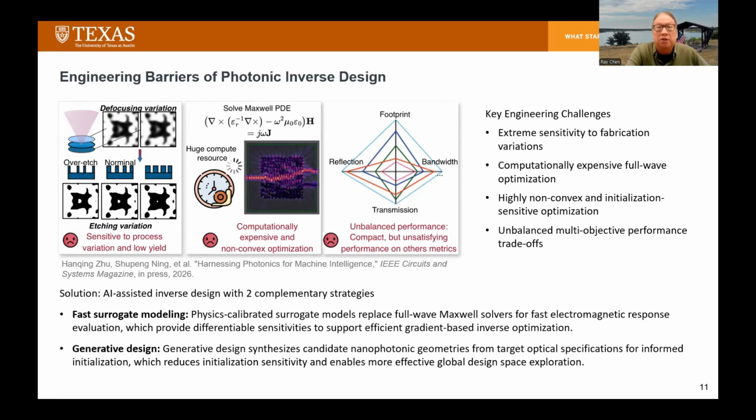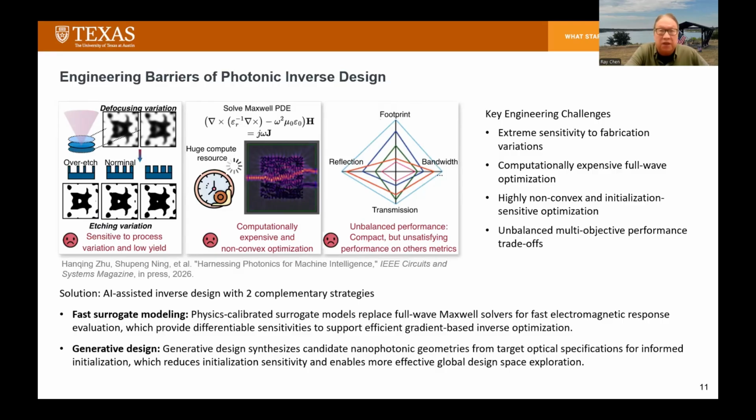To address these challenges, we propose an AI-assisted inverse design framework with two complementary strategies. The first one is surrogate modeling. We use a physics-calibrated surrogate model to replace the full-wave Maxwell solver, which dramatically speeds up the electromagnetic response evaluation while still providing differentiable sensitivities, so we can keep using efficient gradient-based optimization.